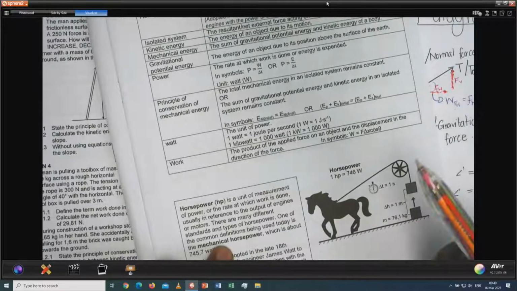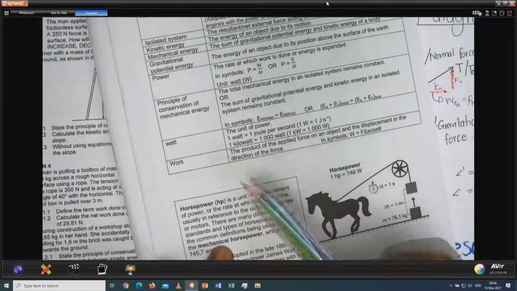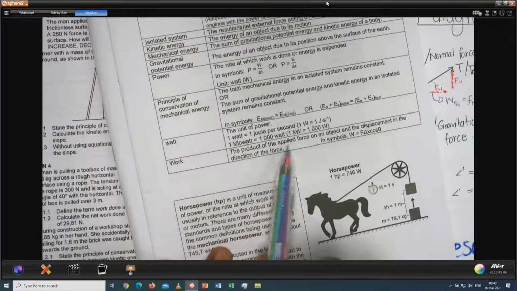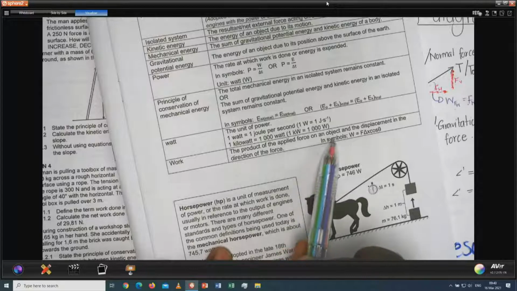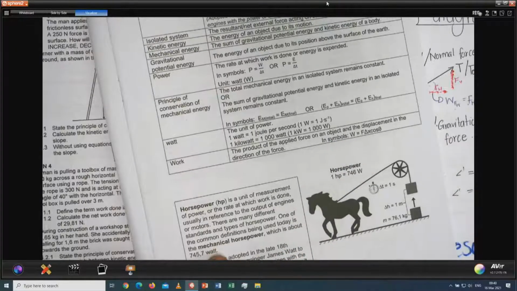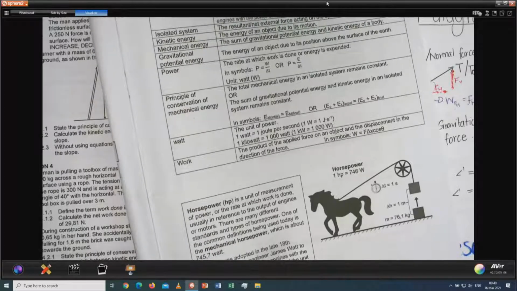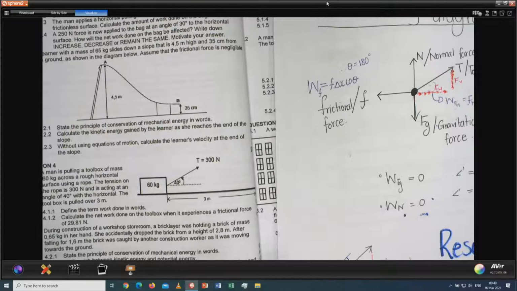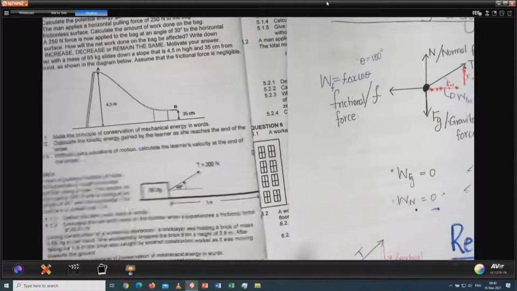And the correct answer there is that work is the product of the applied force on an object and the displacement in the direction of the force. That is the only acceptable definition for work using the exam guideline.